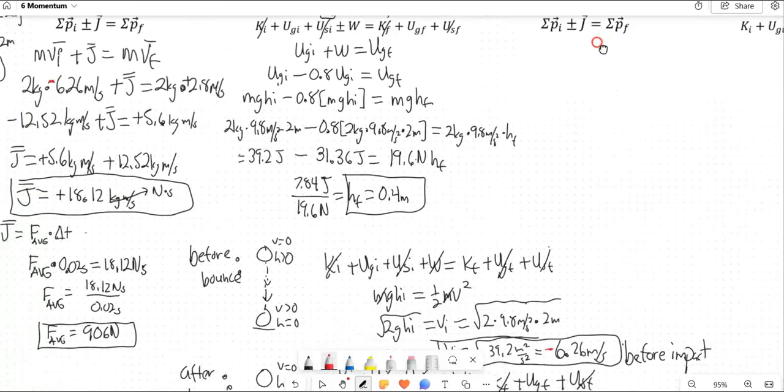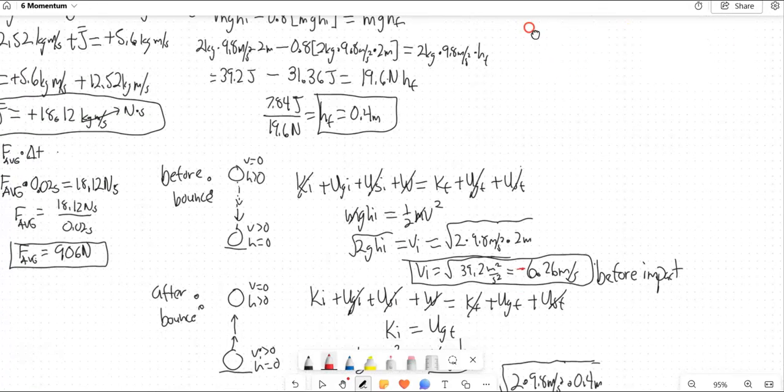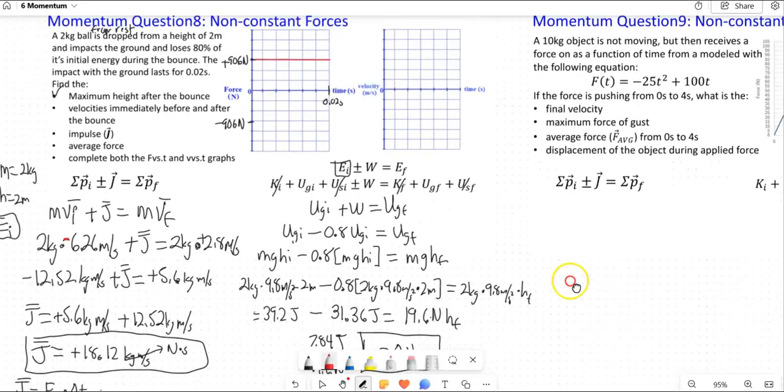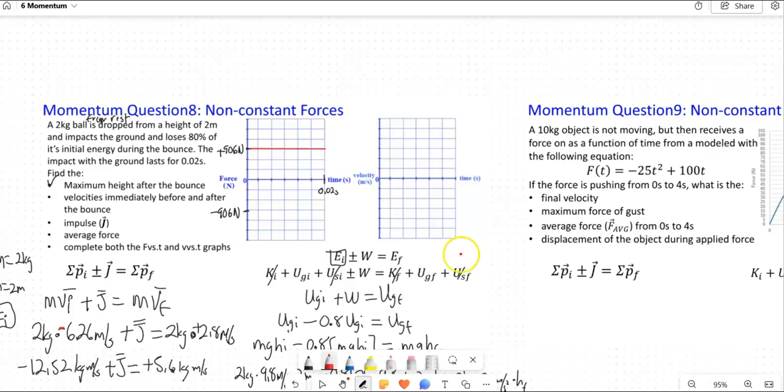Now, for the change in velocity, it's traveling down at negative 6.26. So I'm going to call this negative 6.26. So it starts off traveling at negative 6.26 meters per second downwards.